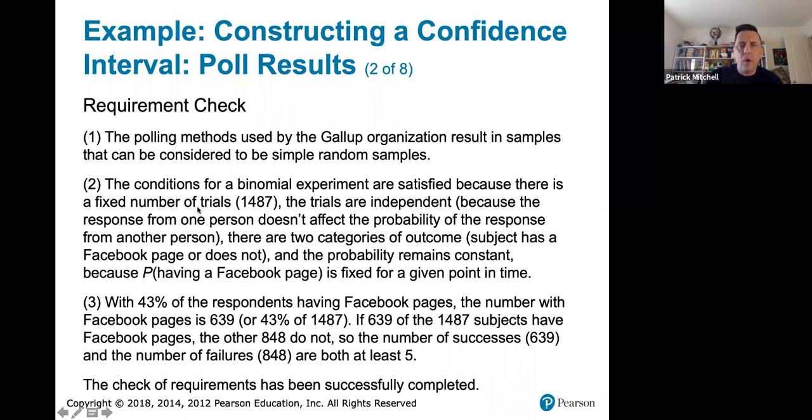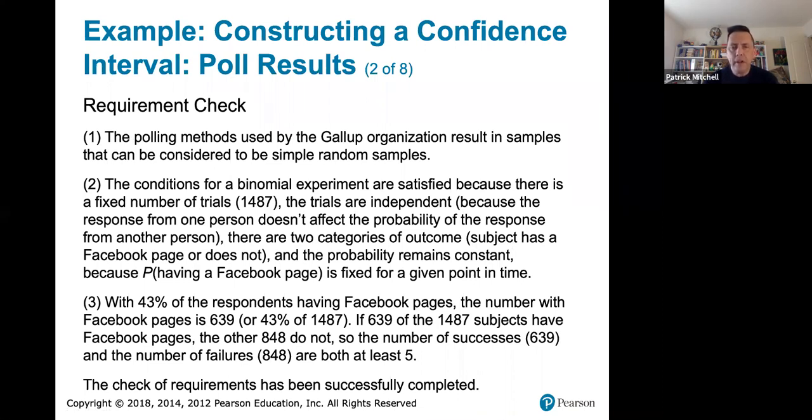Okay, so first the requirement check. The polling methods used by the Gallup organization result in samples that can be considered to be simple random samples. The conditions for a binomial experiment are satisfied because there is a fixed number of trials. The trials are independent. There are two categories of outcome, success and failure. Either the person has a Facebook page or they don't.